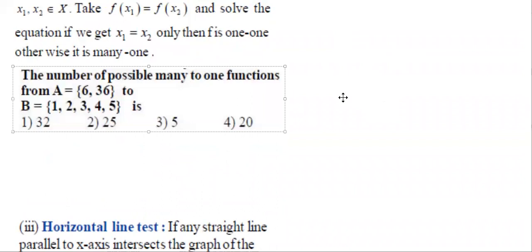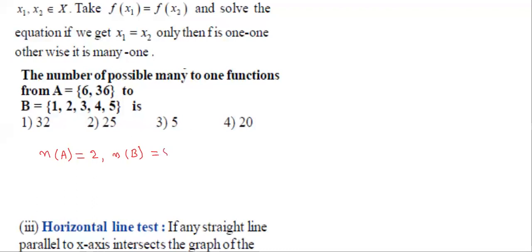Question: what is given? The number of possible many-one functions from A to B. First we need to identify n(A). How many elements are there here? n(A) is only 2 elements. n(B), how many? 5 elements. Here they are asking the number of many-one functions.